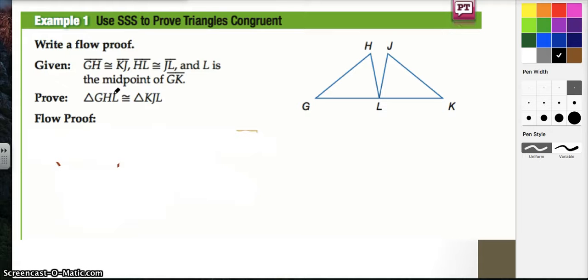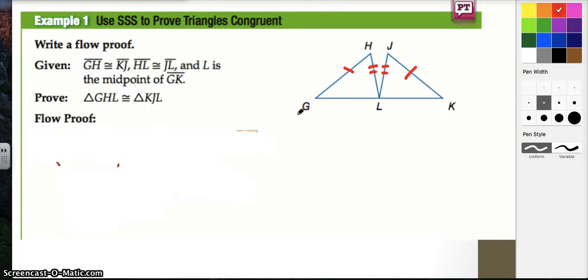So we're given some information here, and what we're going to do is prove that these two triangles are congruent. I like to always mark my picture anytime I'm given some information. So GH is congruent to KJ, and so I'm going to go ahead and mark that. And then HL, that's this guy here, is congruent to JL, so I'll put double hatch marks here.